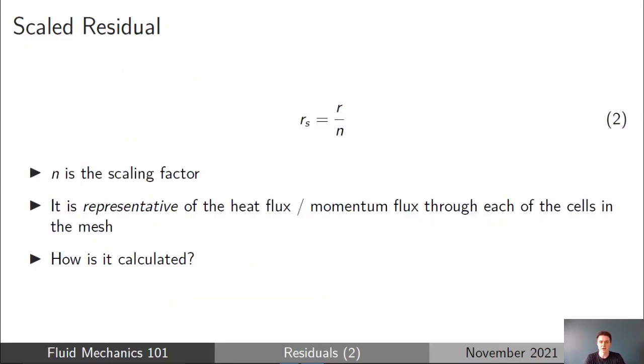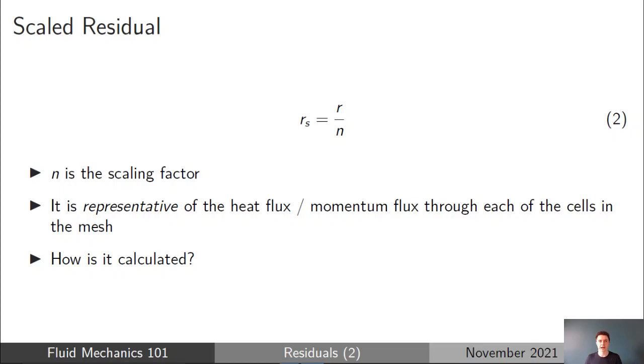So the idea that we've introduced here with a scaled residual is quite neatly summarized by equation 2, and you'll find this sometimes in CFD manuals, where all we're doing is taking that raw unscaled residual in each cell in the mesh, R, and dividing it by n, where n is called the scaling factor.